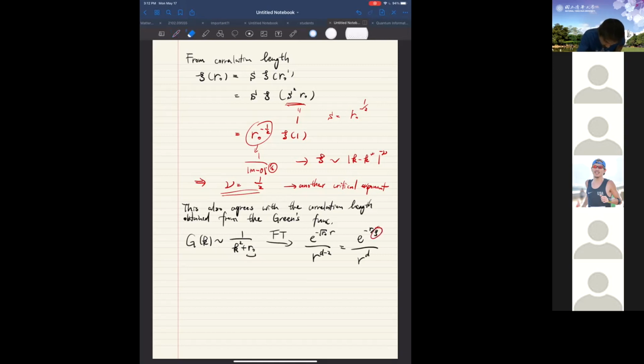Okay. This will be d minus 2. So now if you compare the Fourier transform form and the definition of the correlation length, you read out that the correlation length is exactly what we derived before, which gives you the critical exponent, which is 1/2. So same as before, right?